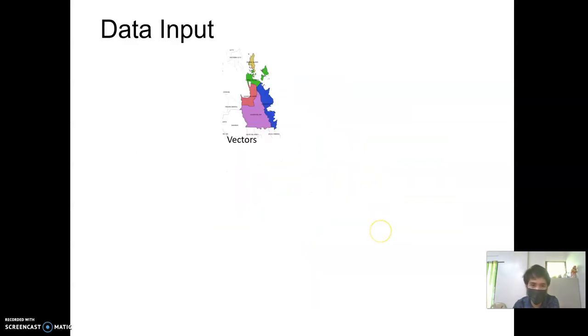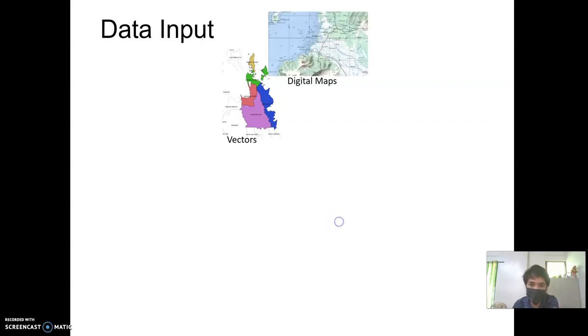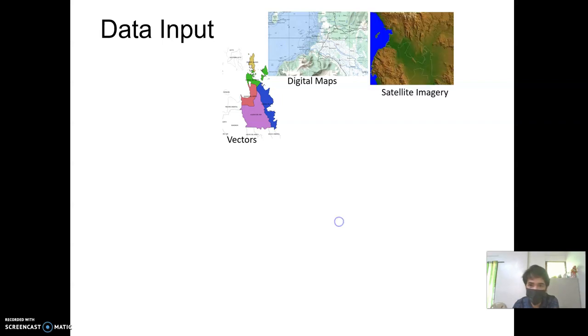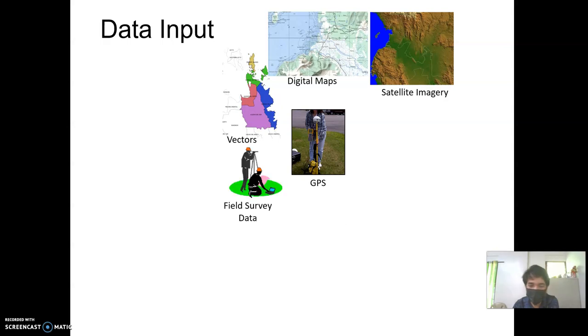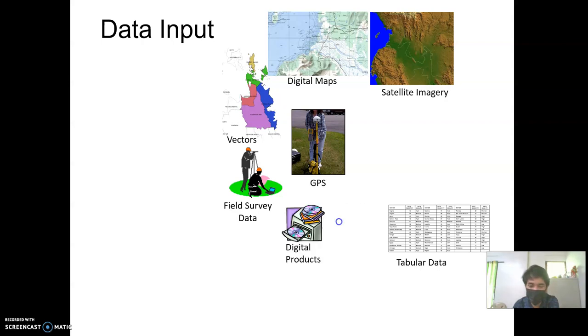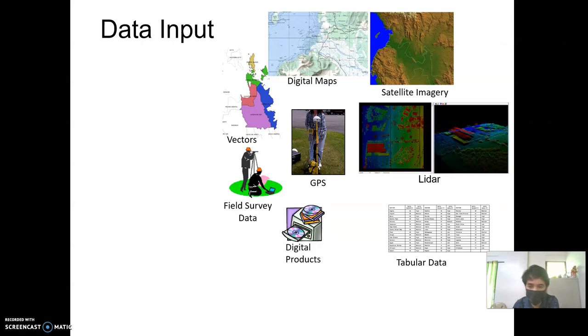Now, it's very important to know that we have what we call data input in GIS. We have the kind of data called vectors, and we have digital maps. We have also satellite imagery that we utilize, and of course GPS, field survey data, tabular data, and digital products, and lastly LiDAR data and text data sets.